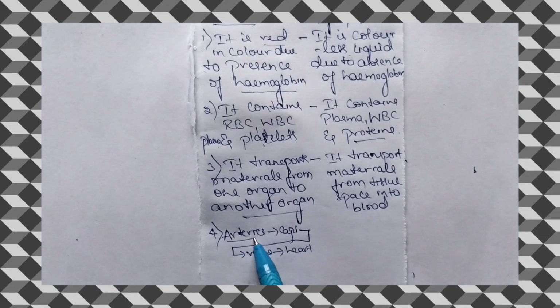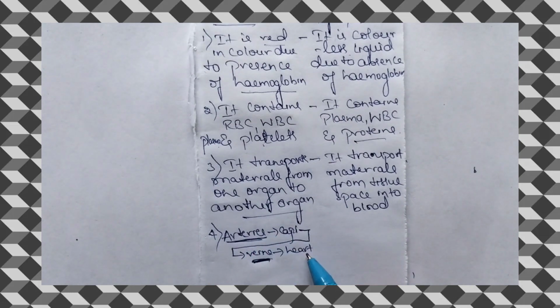Arteries will carry oxygenated blood from heart. Veins will carry deoxygenated blood to the heart.